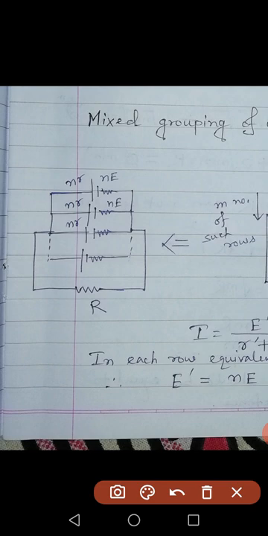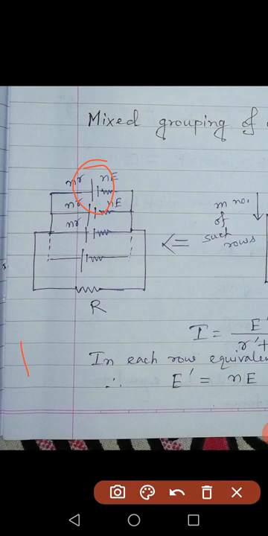If you remember, in parallel combination, if all these cells are identical, and from the circuit it is clear that they are identical, then the EMF will be equal to the EMF of one cell.